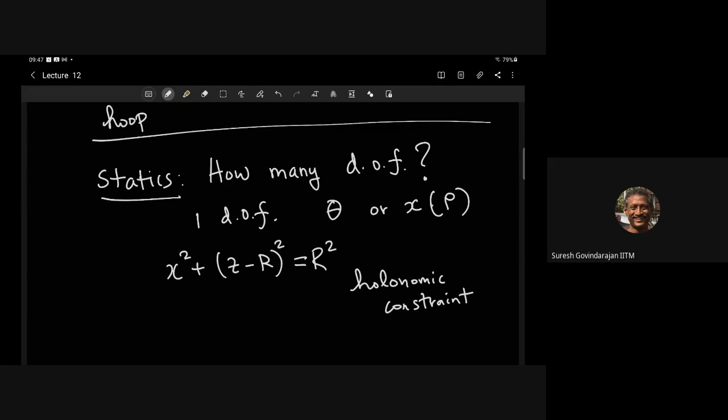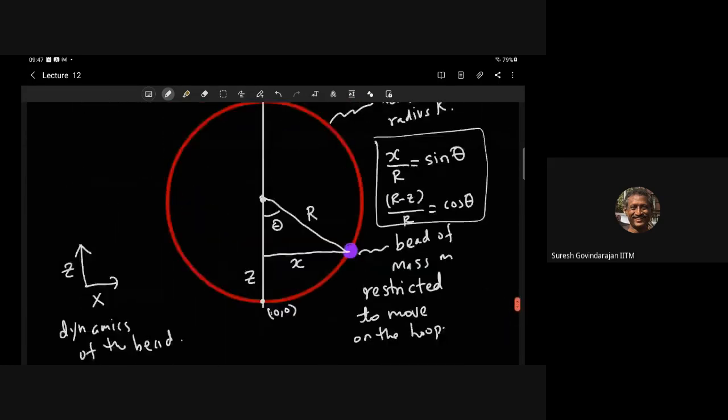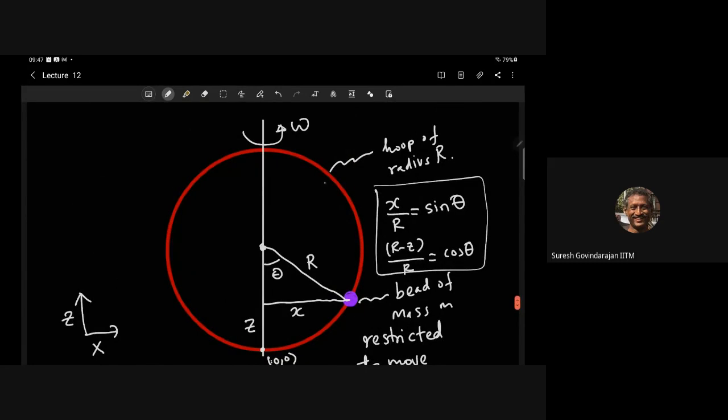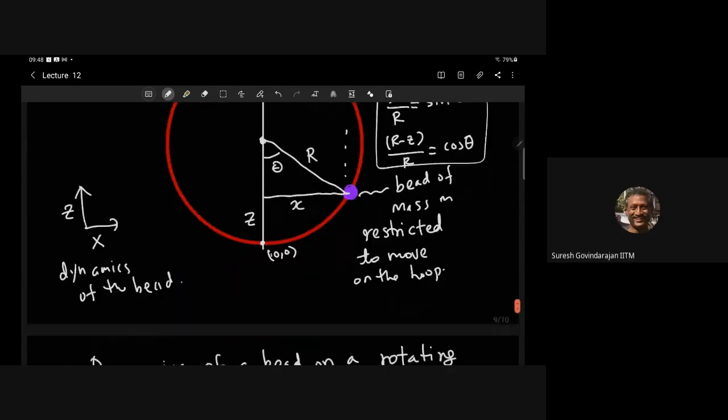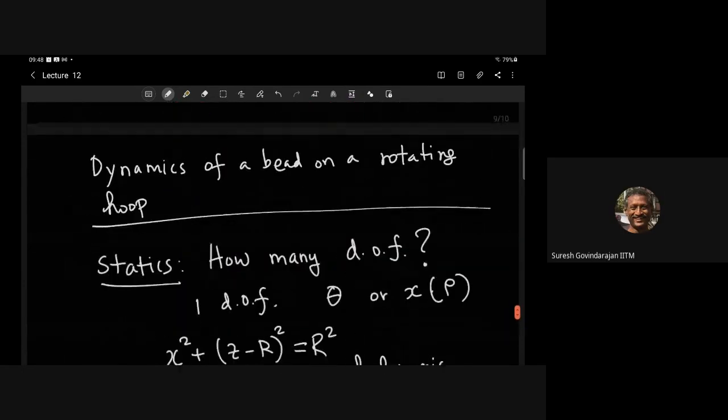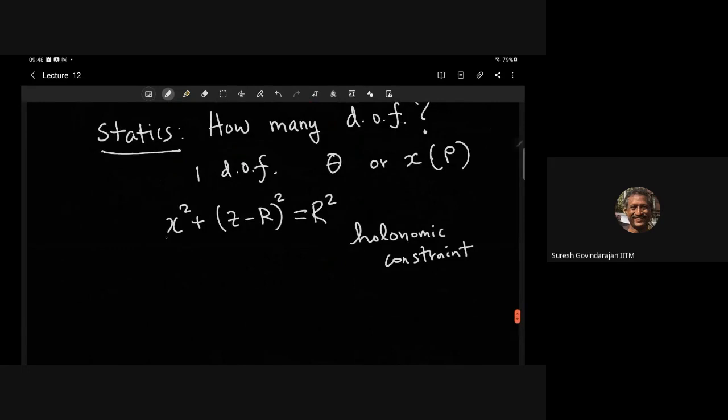But actually x is not so great because there is a second position, which is here, which will give the same value of x. So theta might be better in that sense. You agree, right? Or z might be better. So x, well, that's a square root.